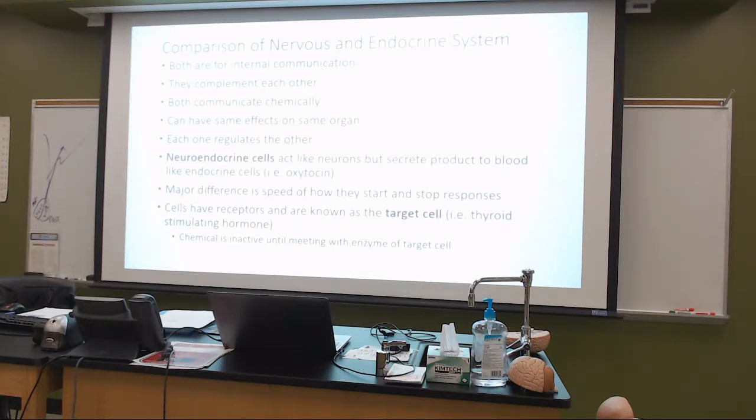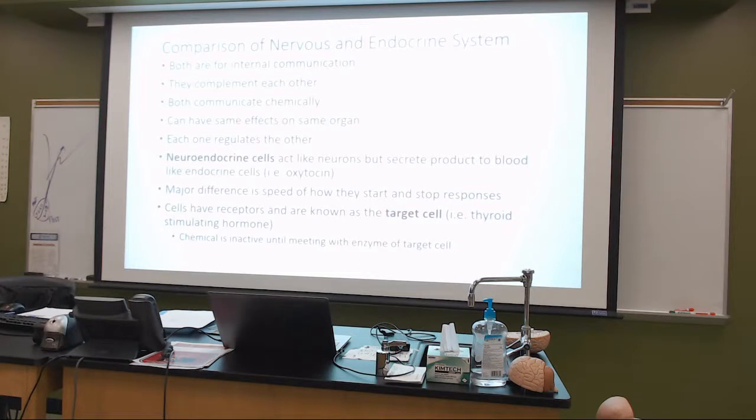they're acting like a neuron. But the product that they create, and there's only two in my posterior pituitary, that's it, the product they create releases to the blood, which means an endocrine portion.